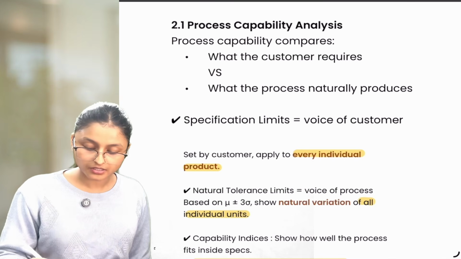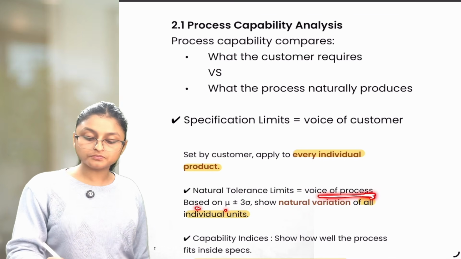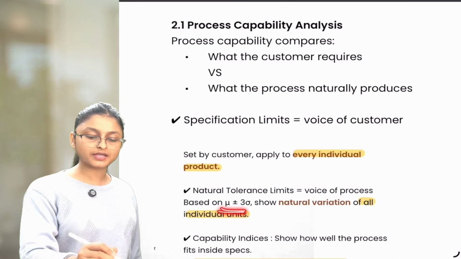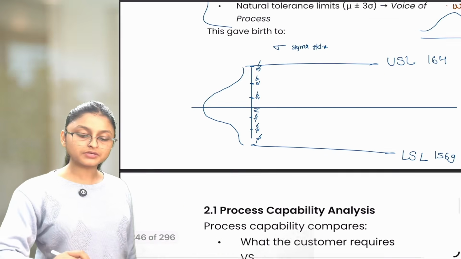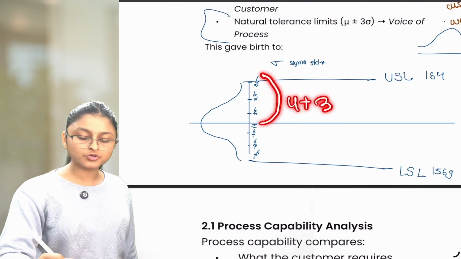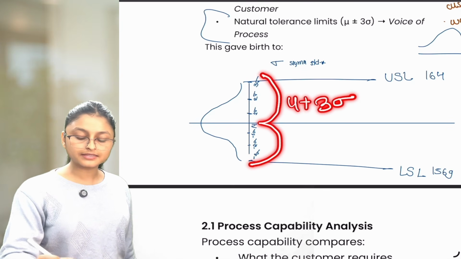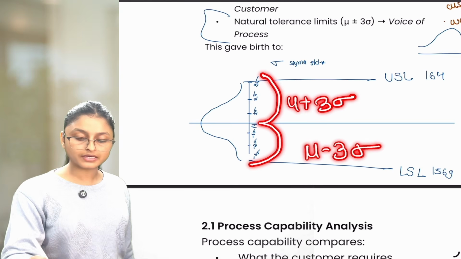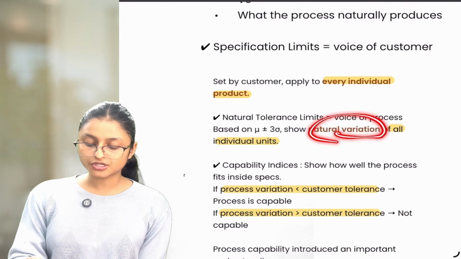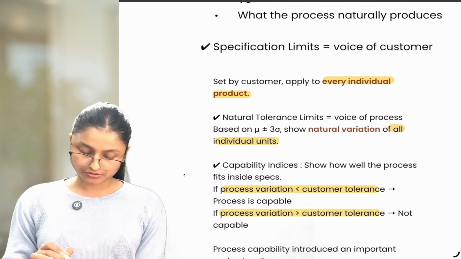Natural tolerance limit is the voice of the process based on mu plus minus 3 standard deviation. When we say mu plus minus 3 standard deviation, we mean that on the right side we are going up to mu plus 3 standard deviation, and on the left side up to mu minus 3 standard deviation. This shows the natural variation of all individual units.